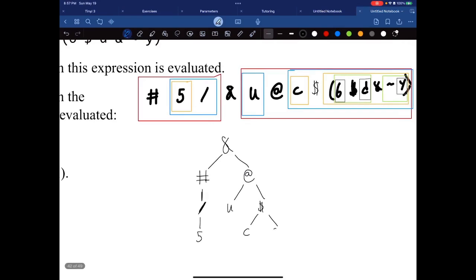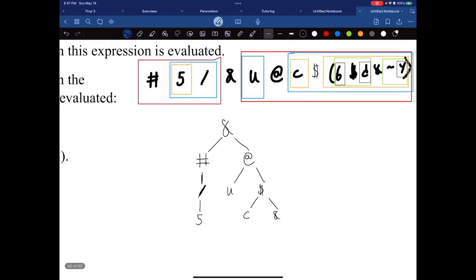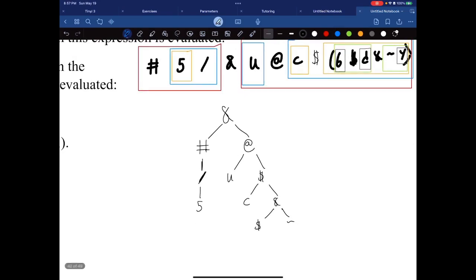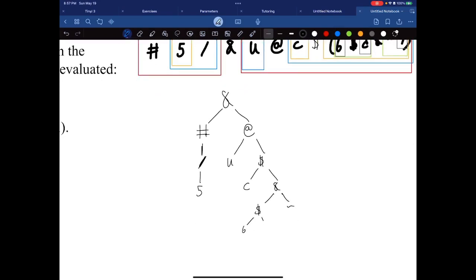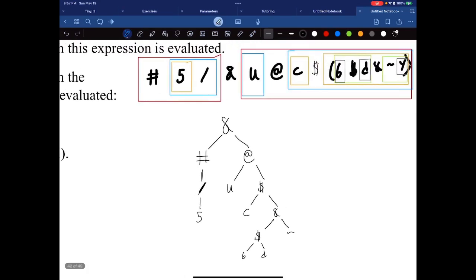Okay, ampersand. Then to the left of the ampersand, it's the dollar sign. So dollar sign, and to the right of the ampersand is the tilde. So we have tilde. To the dollar sign, we just have 6 and D. And then for the tilde, we just have Y. Okay, and this would be the abstract syntax tree.